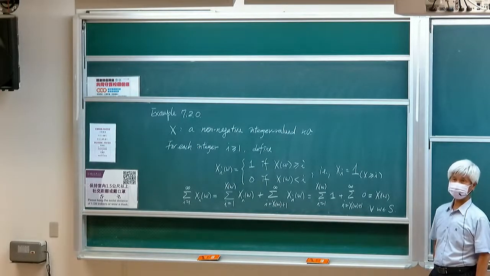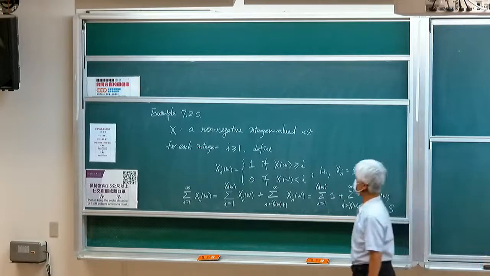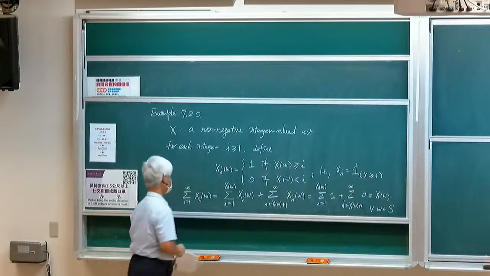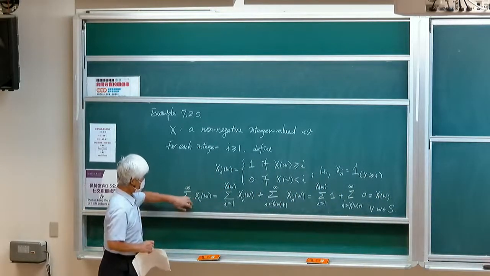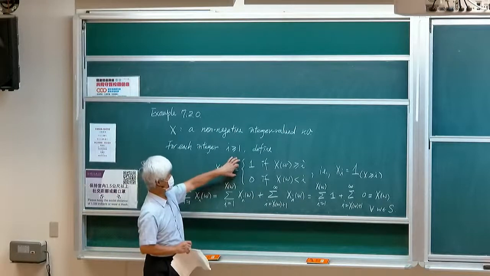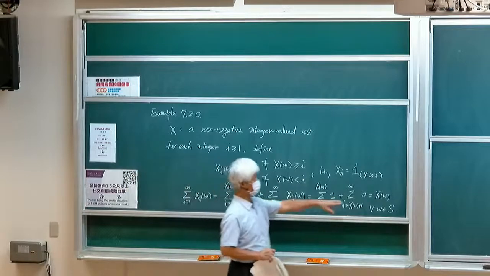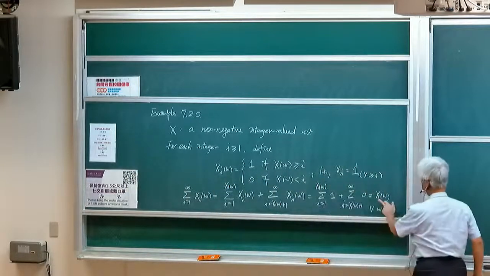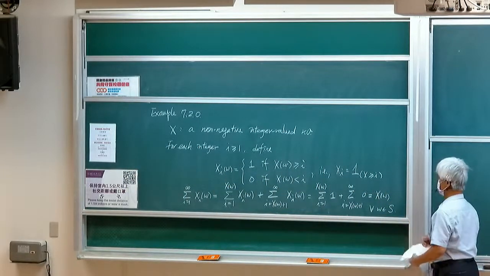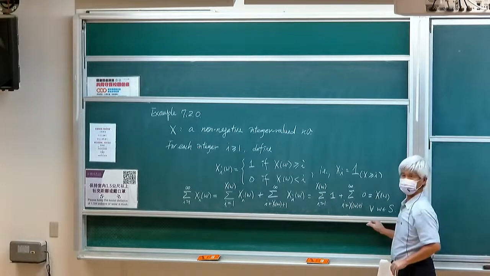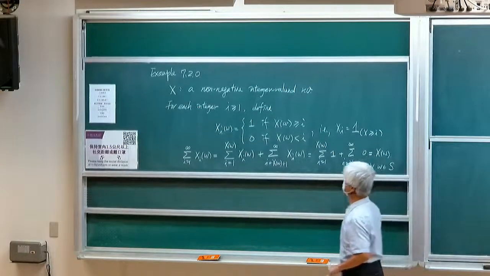Is that okay? So first of all, we prove that the series sum of these indicators is actually equal to the random variable X itself.